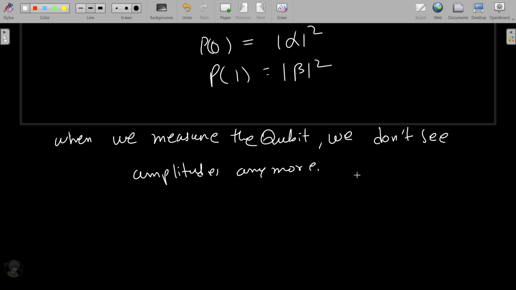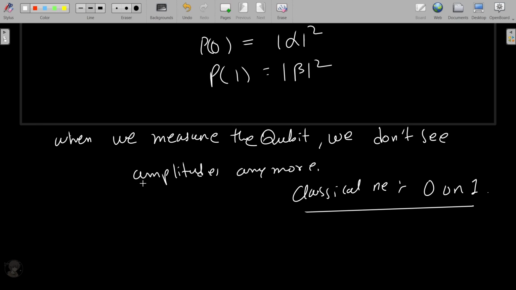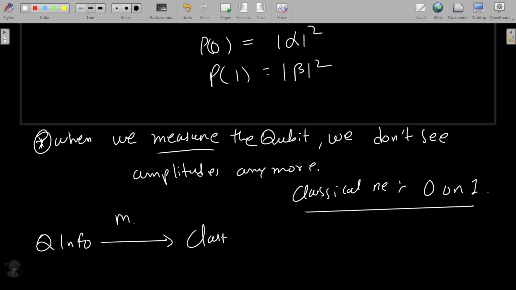We only see one classical result, which is either 0 or 1. Measurement converts quantum information into classical information.